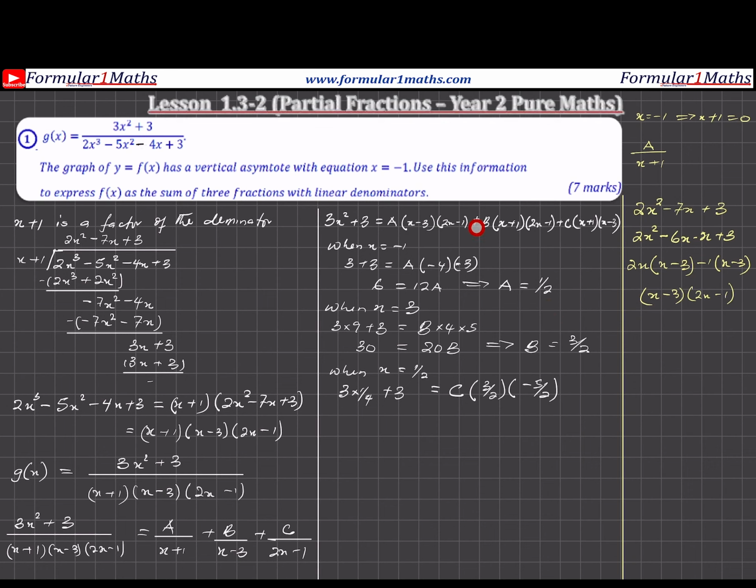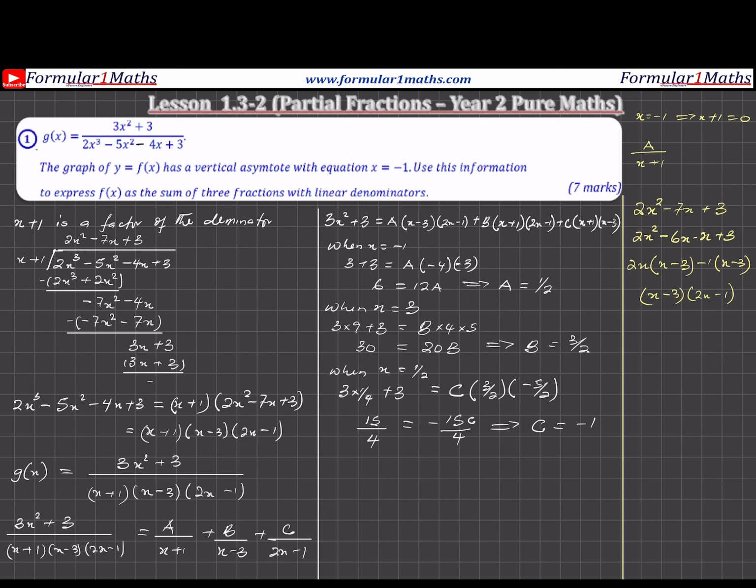Again, because the whole of this term becomes 0, because 2 times a half is 1, and 1 minus 1 is 0. Similarly, same here, and this whole thing becomes 0. So this is the only term left. And if I evaluate that, I'm going to get 15 over 4 is equal to minus 15c over 4, which implies that c is equal to minus 1.